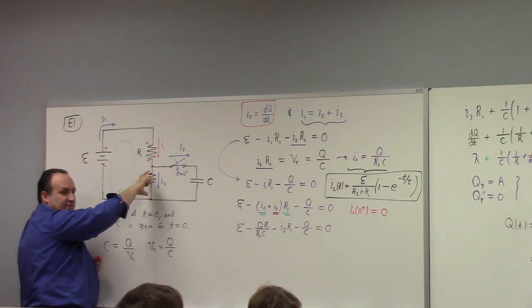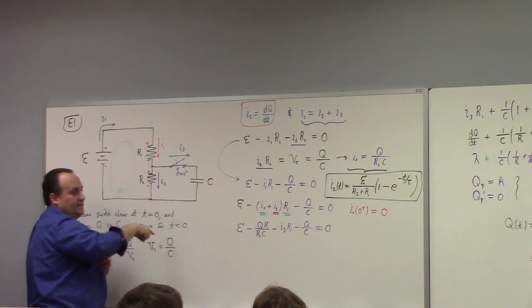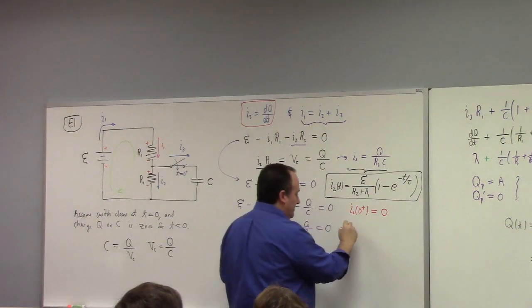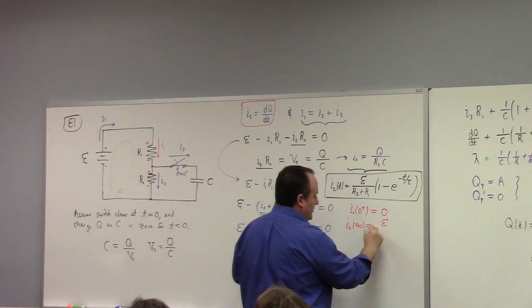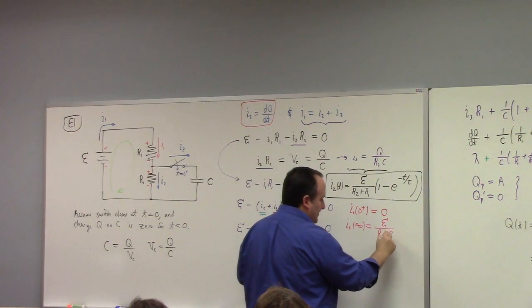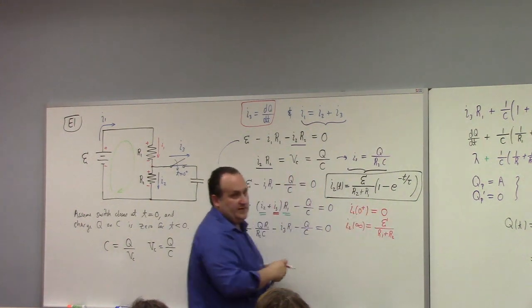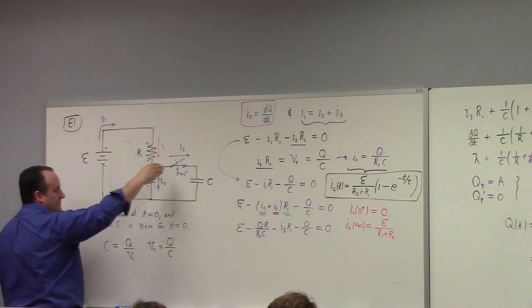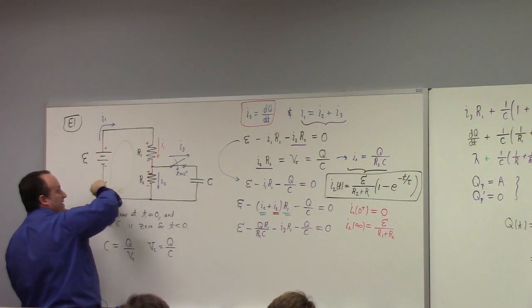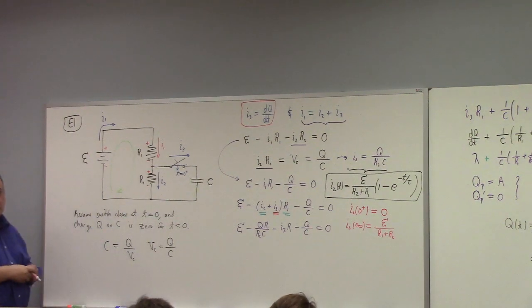Current 2 is 0 at time 0. No current flowing over here. What's the current at infinity? Basically E over R1 plus R2, which is just what I was telling you in the intuitive double check of the formula over there. After a long time, no current flows through the capacitor essentially, so it all flows here, which just makes this the series circuit with R1 and R2.